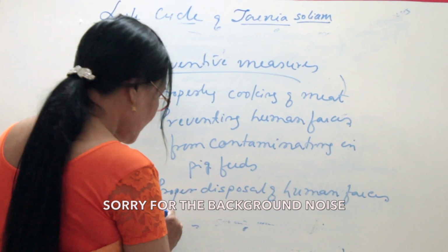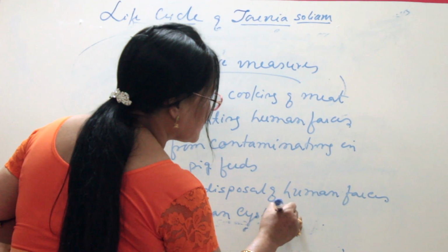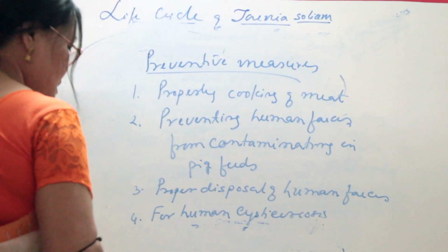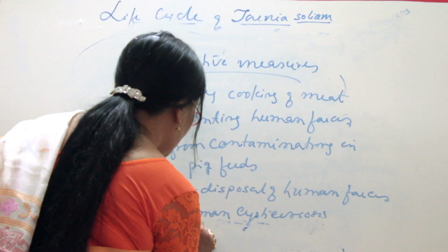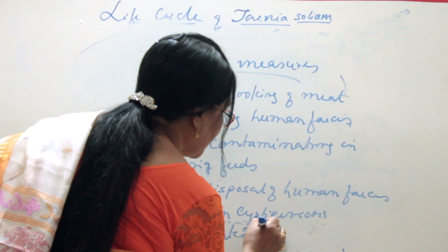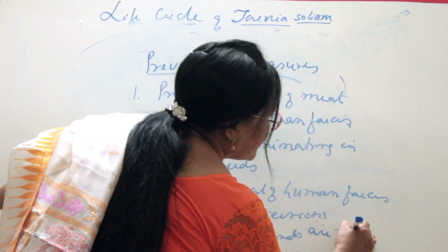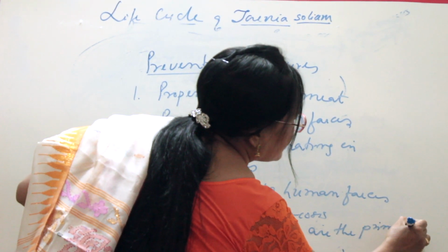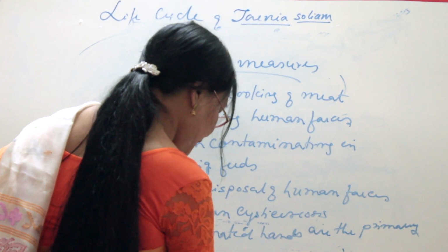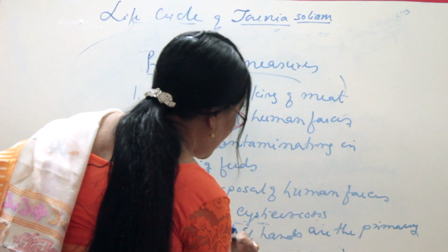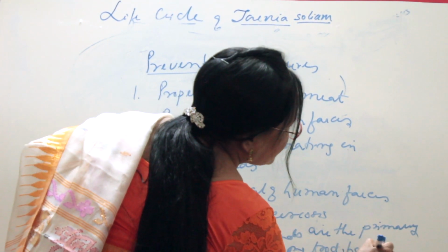Number 4, for human cysticercosis, contaminated hands are the primary cause, especially among food handlers.